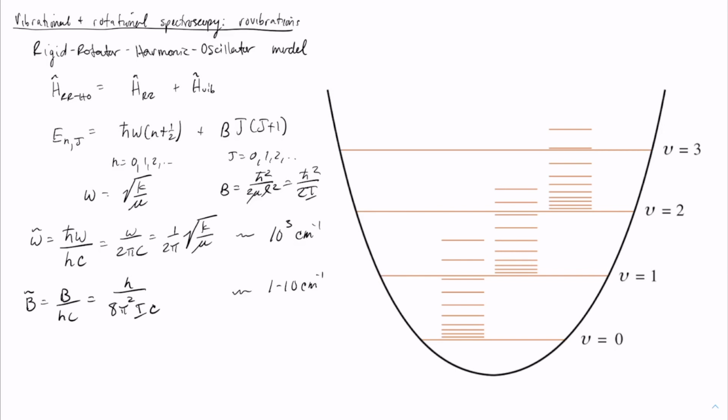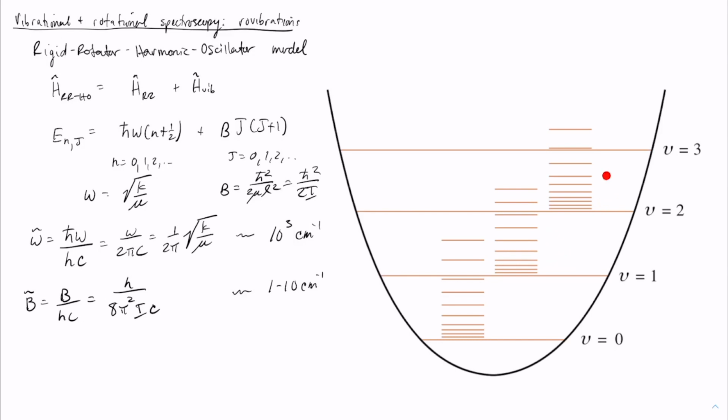Now, because the rotational Hamiltonian has a much tighter spacing, around 100 or 1,000 times smaller spacing between energy levels, that means that there are going to be many different little rotational states packed between any two vibrational states. So this is depicted as having quite a few rotational states packed in between here.